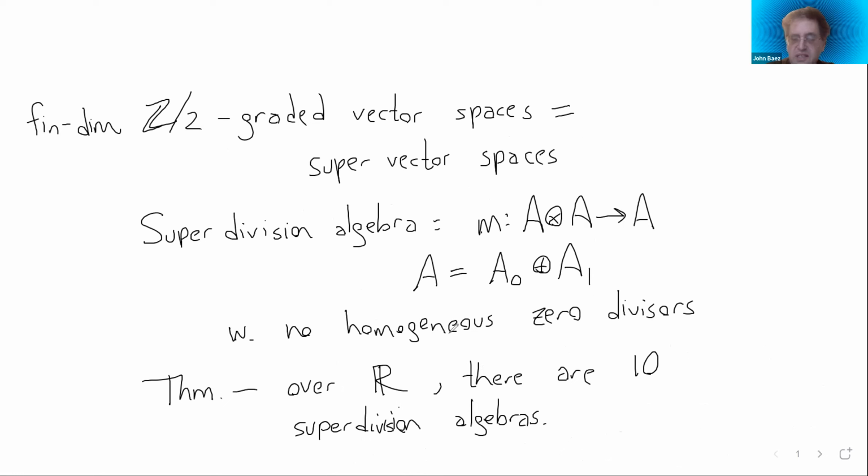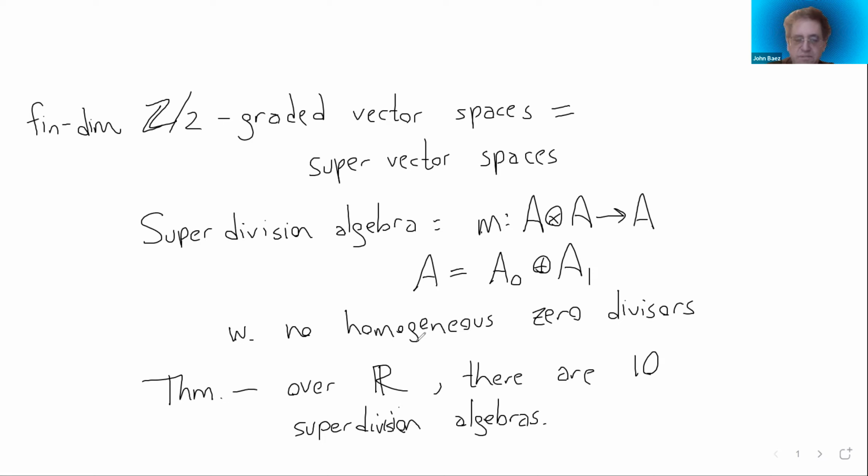And this very broad concept is also really important in physics because Schur's lemma says that when you have an irreducible representation of a group, the endomorphisms of that representation form an algebra, and it's a division algebra. Because if you had a zero divisor, you could use that to split up your representation into smaller pieces.